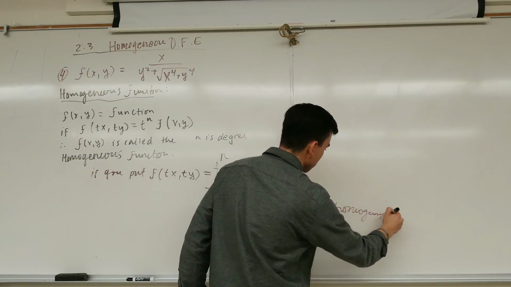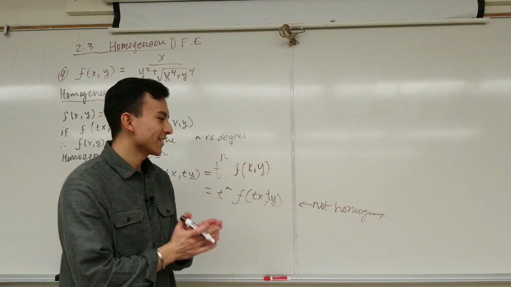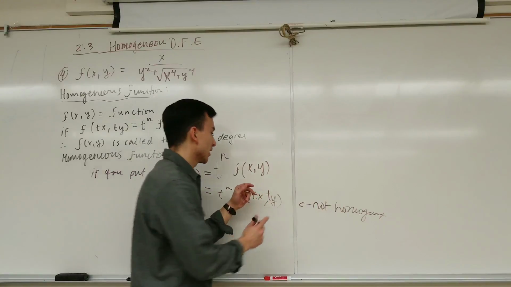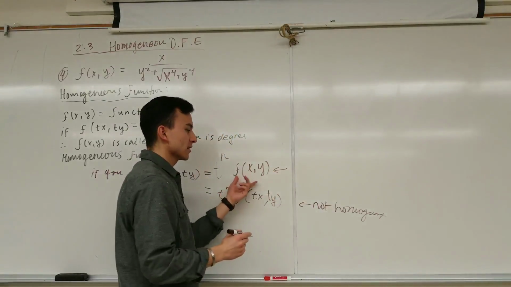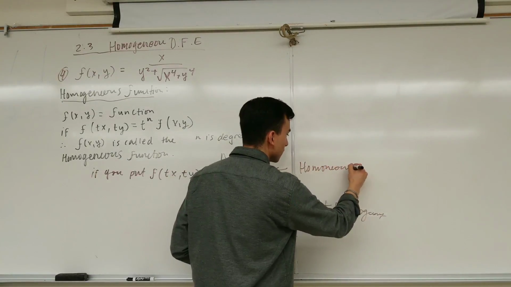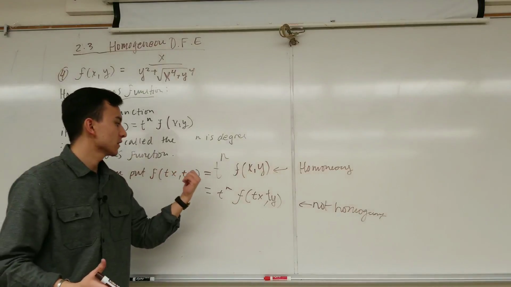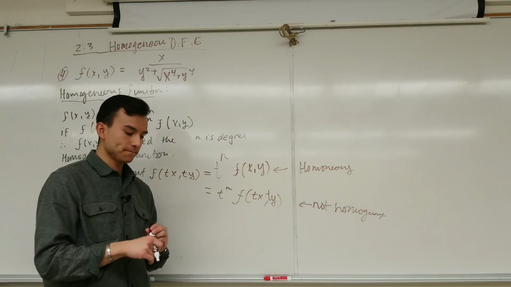Then you can't solve it homogeneously, or whatever the word is. You can't solve it using this method. However, if you do get the function back, then it is homogeneous, and you could use homogeneous to solve this differential equation.